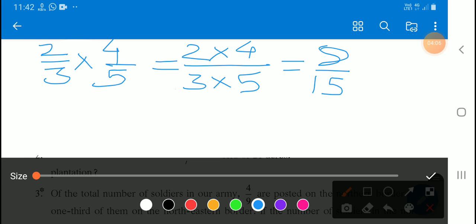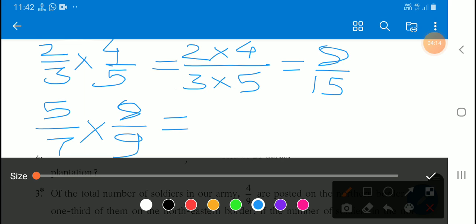Now the next one I will take: 5 upon 7 multiplied by 8 upon 9. So here also, directly I can write 5 eights are 40, 7 nines are 63.